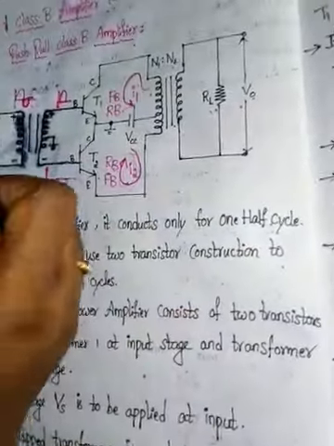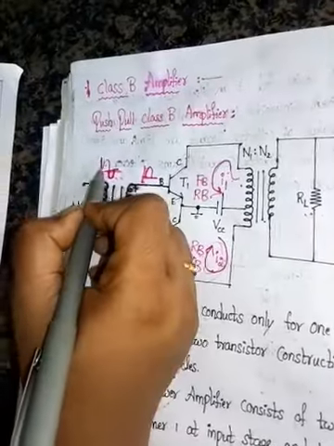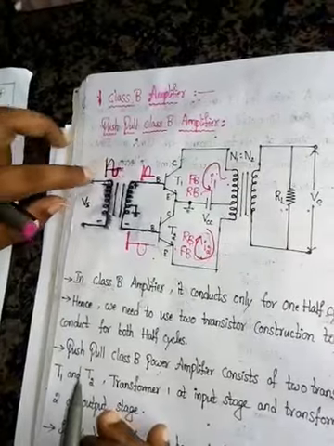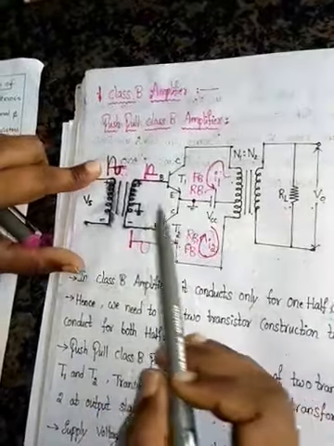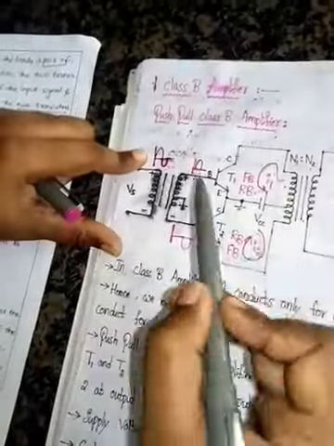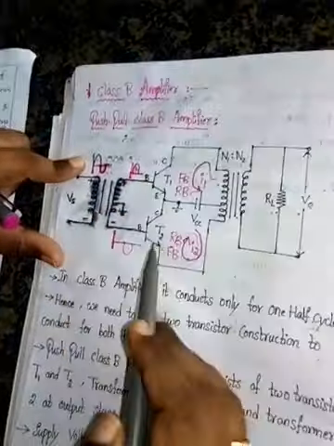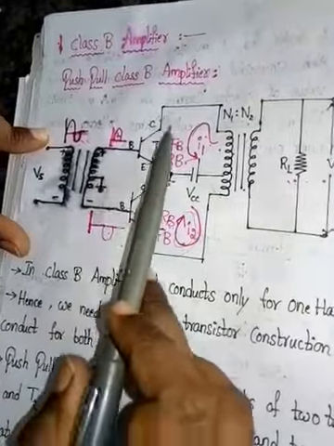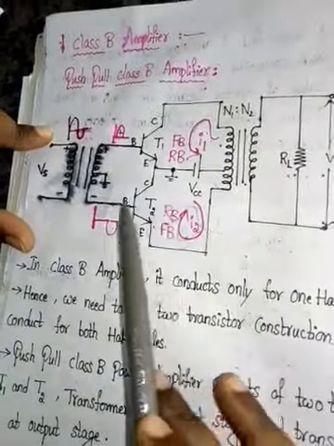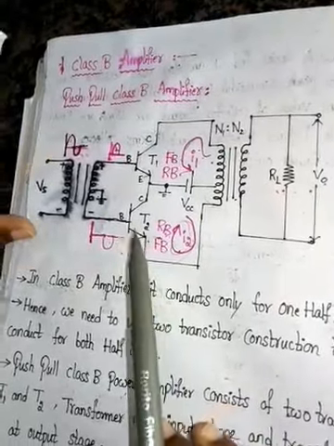So here, if we apply the input as a sine wave, then during the positive half cycle the transistor T1 will conduct and the transistor T2 does not conduct.